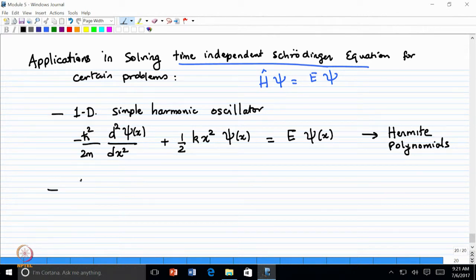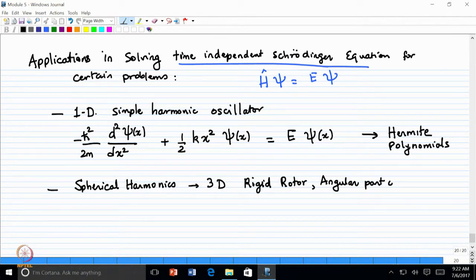The second example is what are called spherical harmonics. This appears in the 3D rigid rotor or the angular part of the hydrogen atom, and these spherical harmonics are given by what are called associated Legendre polynomials.